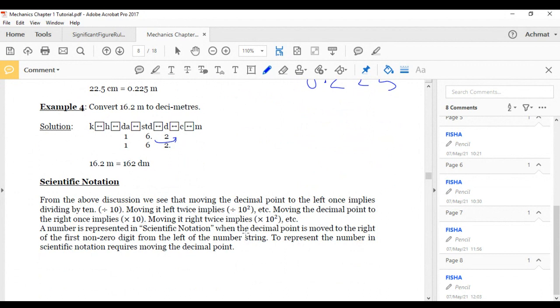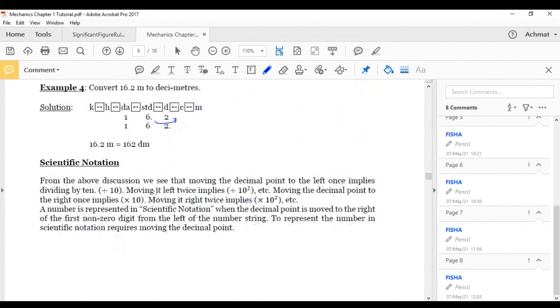If you shift the comma to the right, for however many, you will say times 10 to the this, times 10 to the that. Like if you shift it to the right once, you multiply by 10 to the 1. If you shift it to the right twice, you multiply by 10 to the 2. So shifting the comma to the right means multiply by 10 to the so much, and shifting the comma to the left means dividing by 10 to the so much.